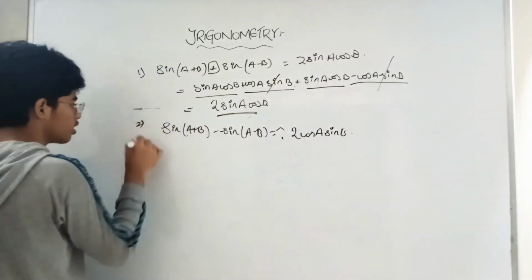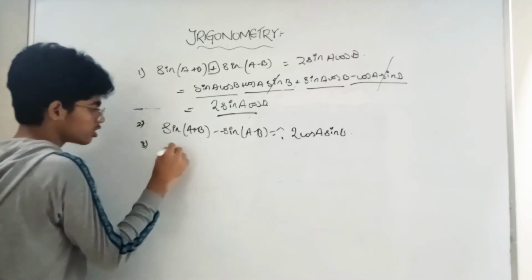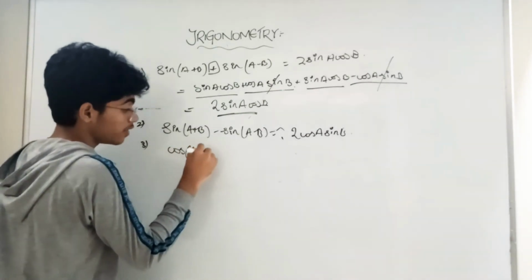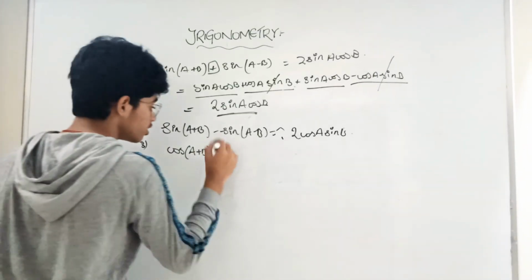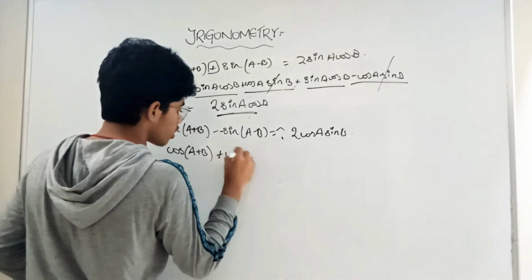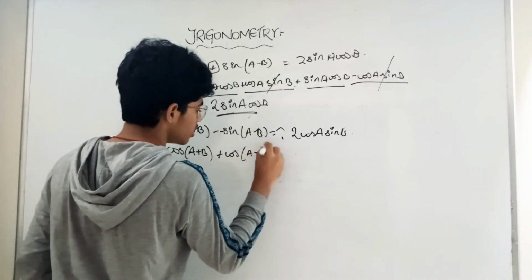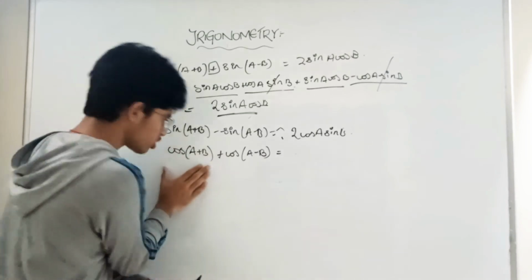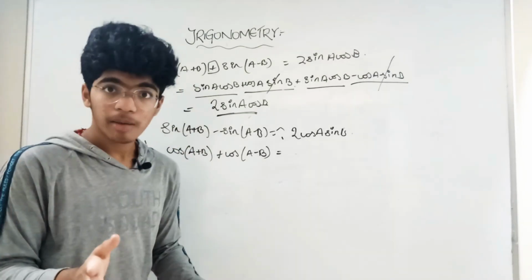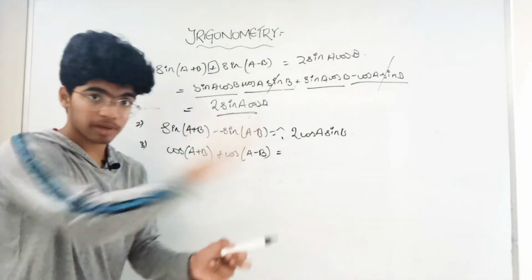Next, we know cos of a plus b, and we also know what cos of a minus b is. What will happen if we add them? Let's check out. So plus cos of a minus b. Let's do this in our mind, okay? What is cos of a plus b? Cos a cos b minus sin a sin b. Okay, just keep it on one side.